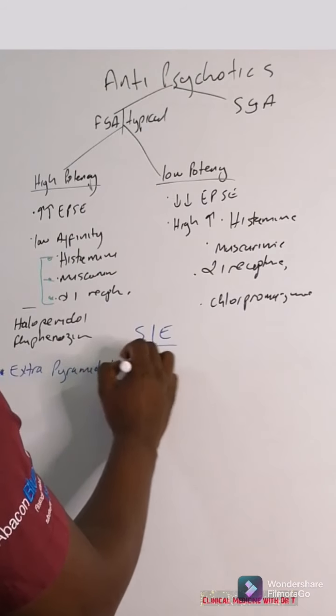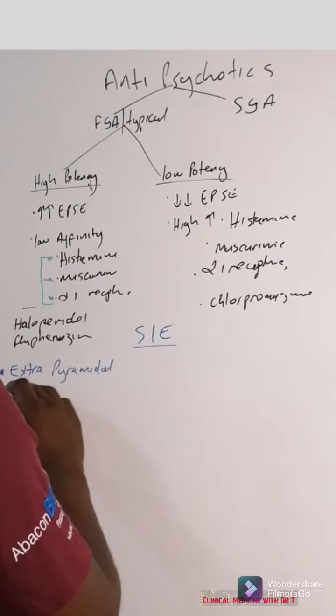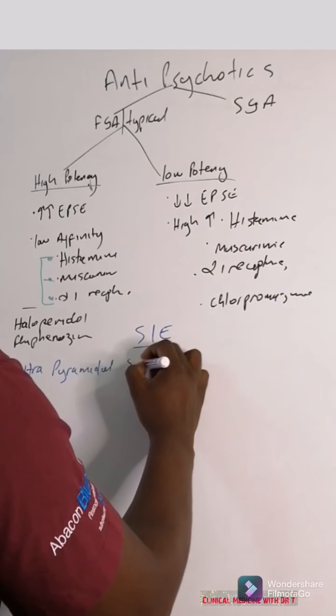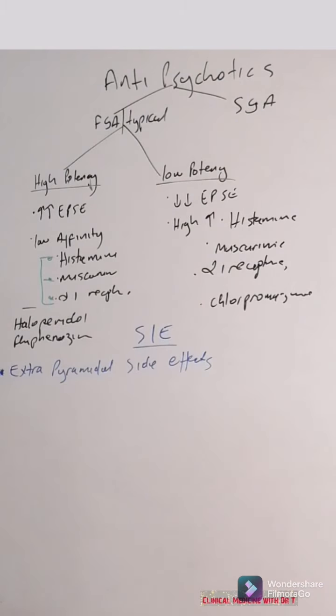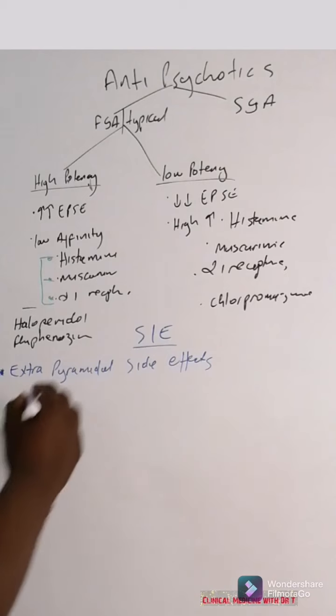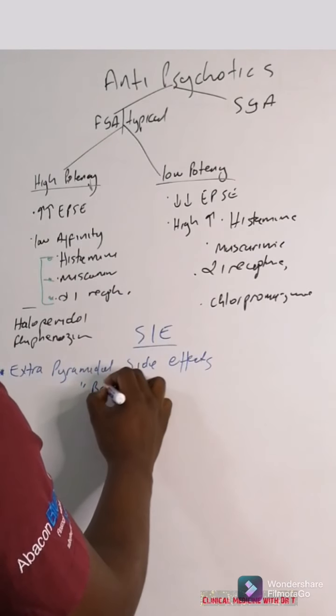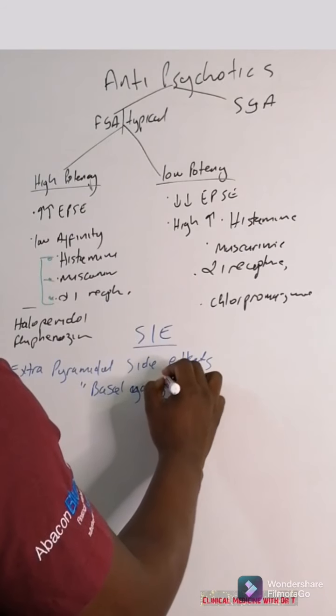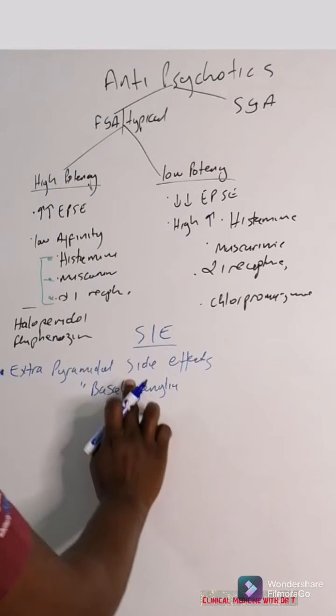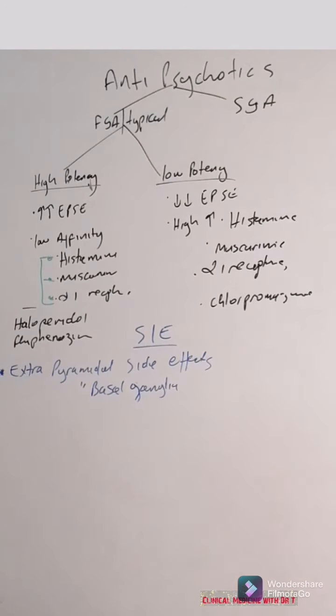I think I need to do the physiology around this. Basically, they're talking about the basal ganglia, where motor movements are planned in the cortex, but then executed by the basal ganglia, right?